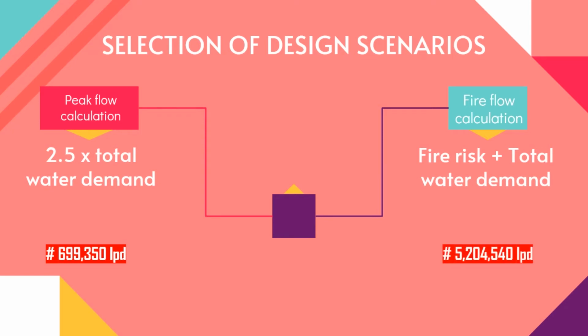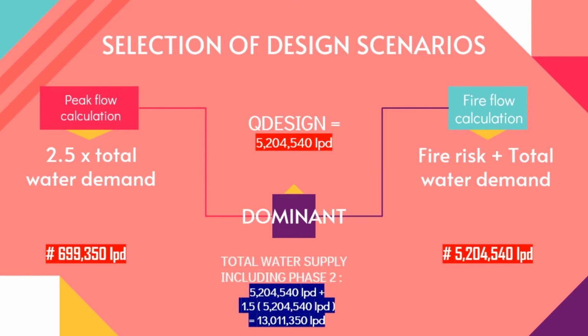From both results, take the dominant value as the design flow rate. By the value of flow rate for phase 1, we can get the total water needed to supply including phase 2. For the fire hydrant, I assume the flow rate at the farthest node from the reservoir.